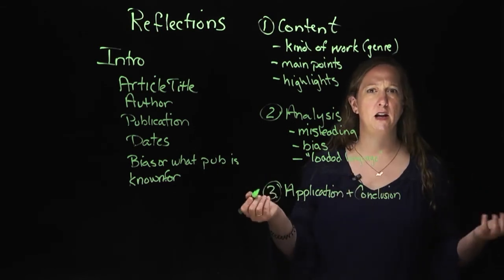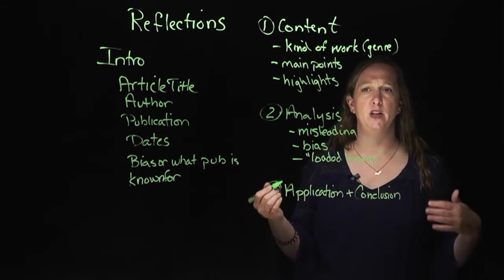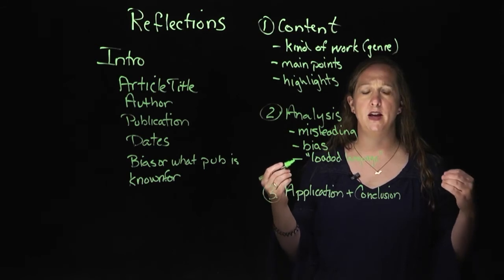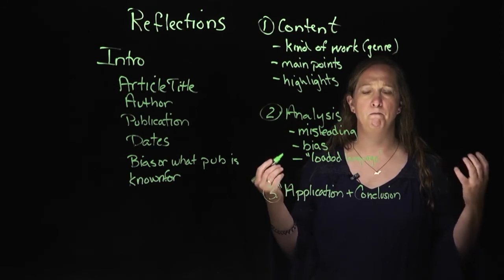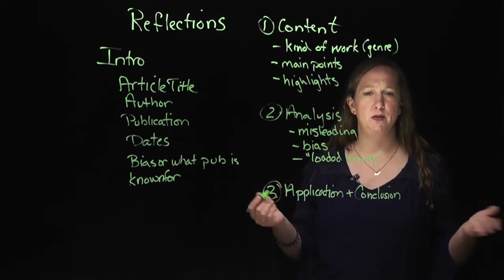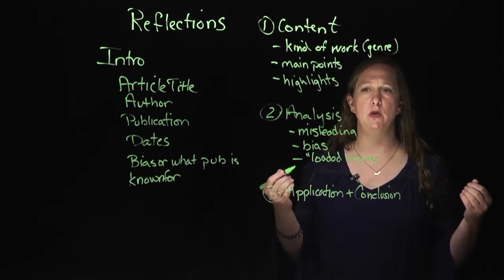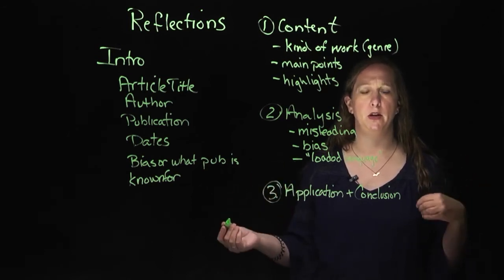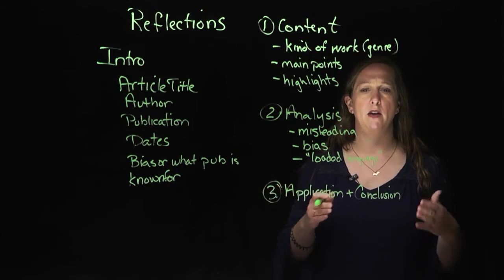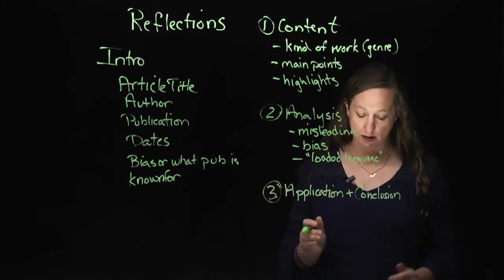Are they using any kind of loaded language? These are really key words that are loaded, so to speak. They are words that lean a particular political persuasion or possibly have a second meaning behind them.